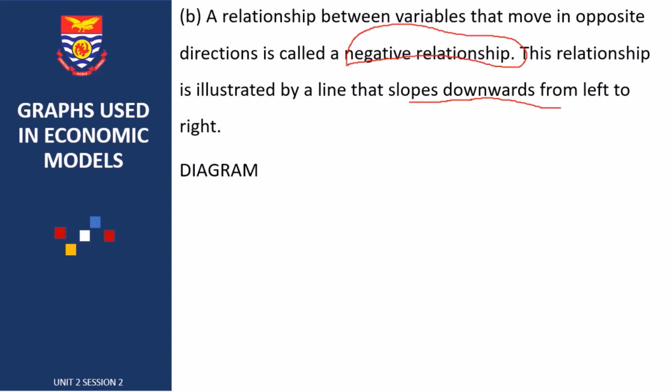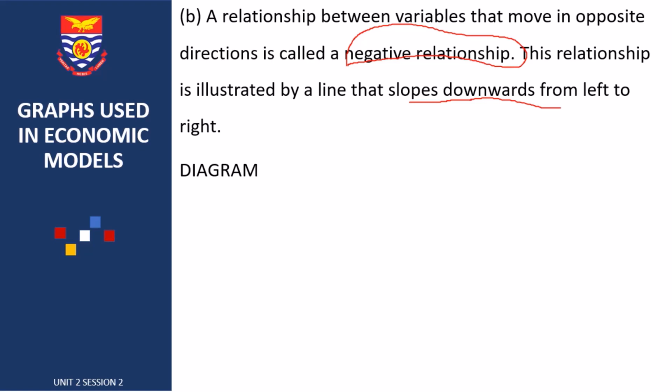When prices are reduced, people demand more. But in terms of supply, the supply curve is positive. Let me repeat it: the supply curve is positive, but the demand curve is negative. So the first scenario, the curve that we drew, is more like the supply, but this one that we have come to focus on is more like the demand curve, whereby there is a negative relationship between quantity demanded and the price of the commodity.